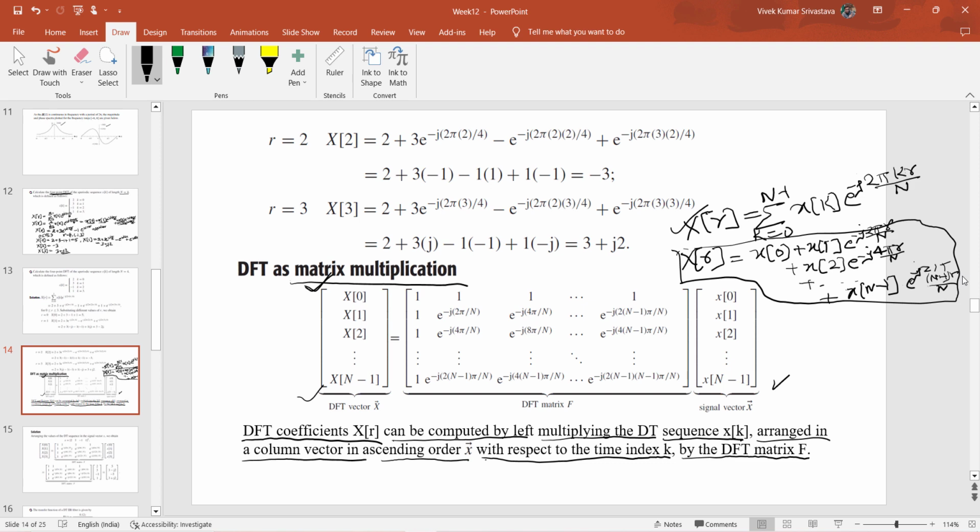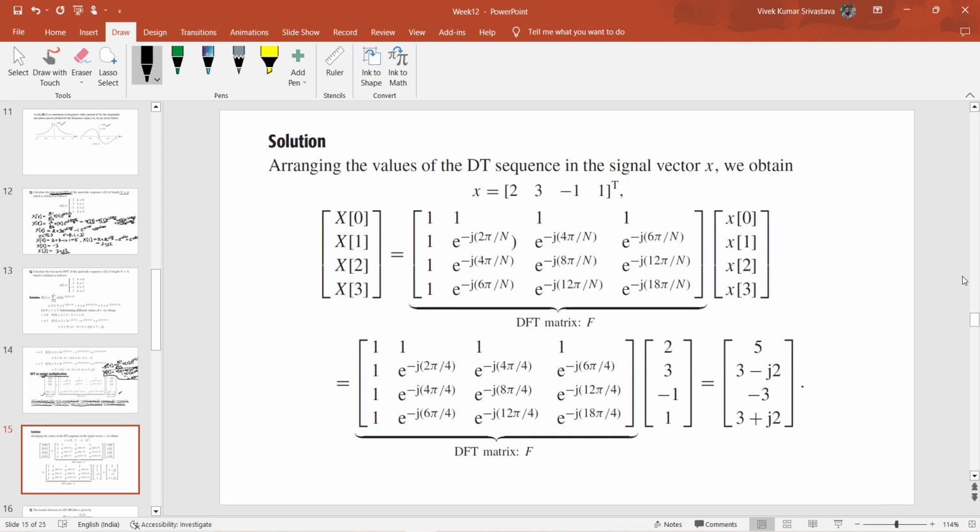Let us now solve the same problem once again by using this matrix multiplication technique. In the problem itself, it says that x is equal to 2, 3, minus 1 and 1. So this input sequence is given to us.